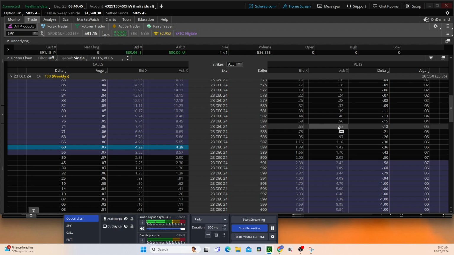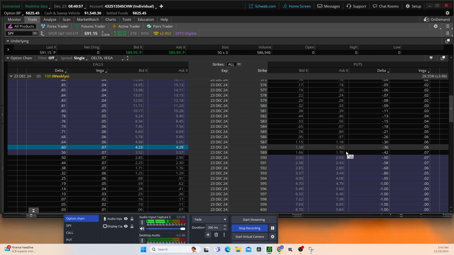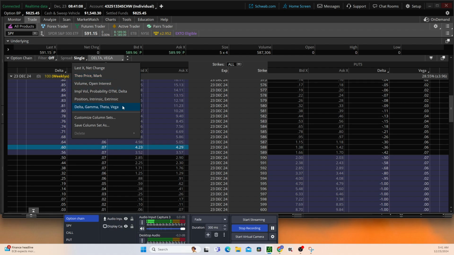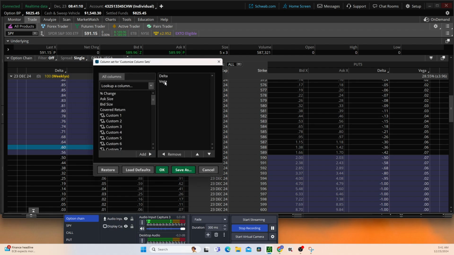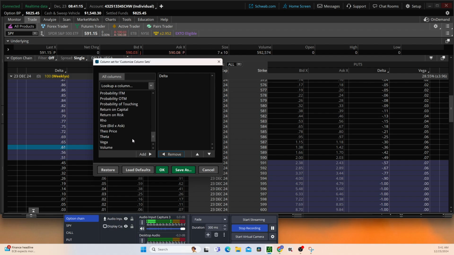So you'd buy the 67. The first point it dropped, you gain $18 per point. On the next point it moved down, because you're getting closer to the money and it's more valuable, you gain delta plus, actually it's gamma, sorry, delta plus gamma.